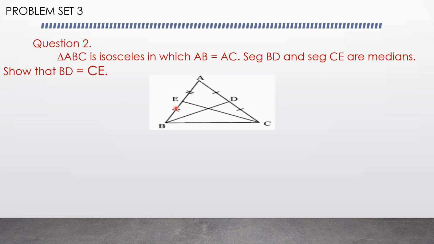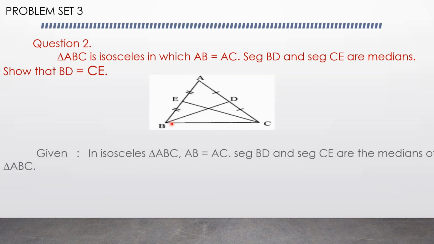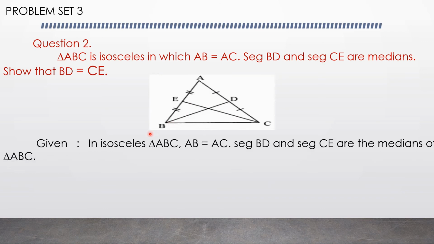Then we have to prove that BD and CE are equal. Therefore, first you have to write what is given in the question. Given that in isosceles triangle ABC, AB is equal to AC and segment BD and segment CE are the medians of triangle ABC. And next is to prove BD is equal to CE.